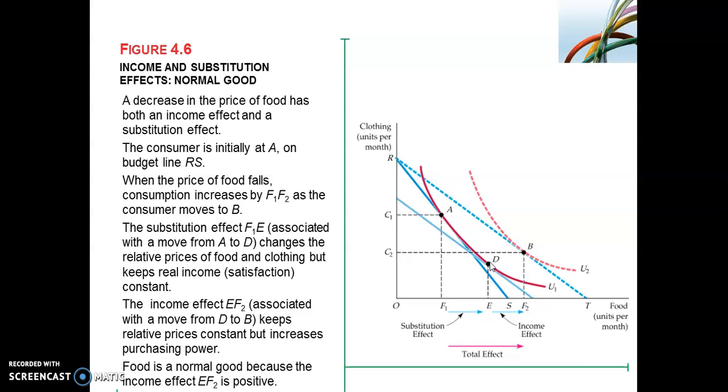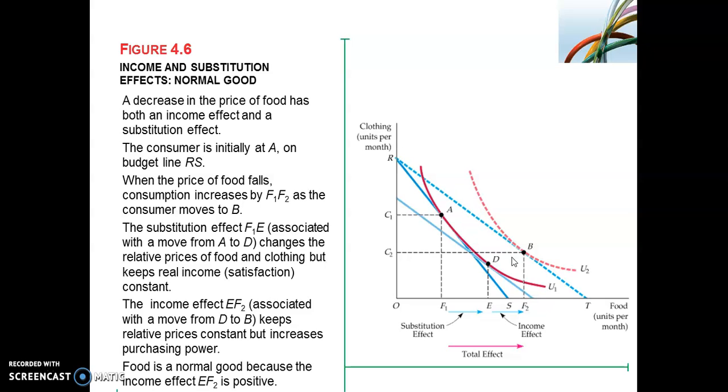And then the income effect is given from E to F2. That is a movement from D to B, keeping relative prices constant, but there's increases in purchasing power. So let's explain those two points.